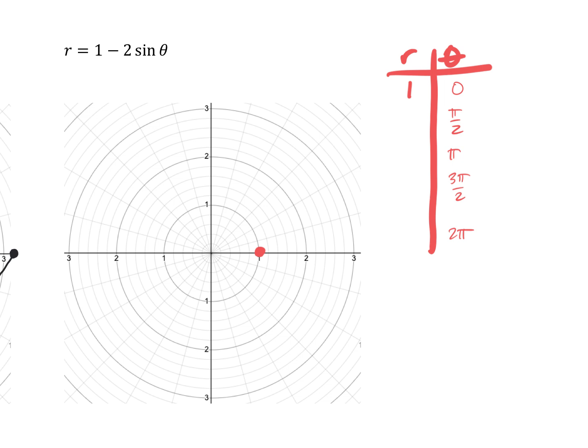All right. And then when theta is pi over 2, what's sine of pi over 2? Sine of pi over 2 is 1. So I'm doing 1 minus 2. Yeah. Gives me this point. And sine of pi is 0, so 1.